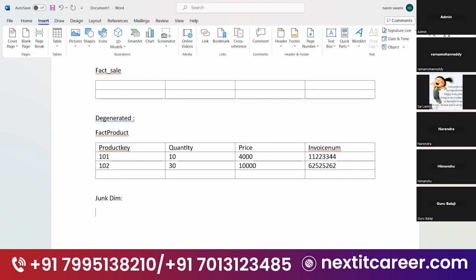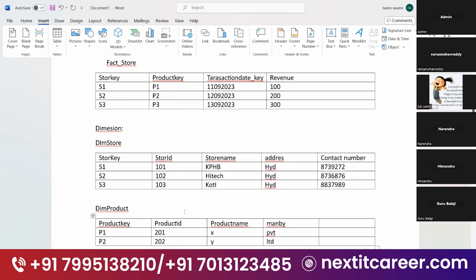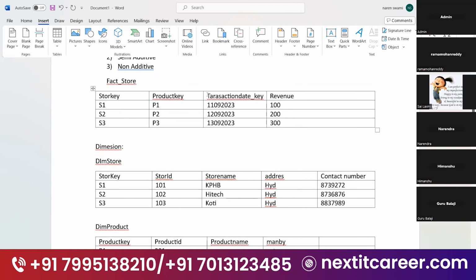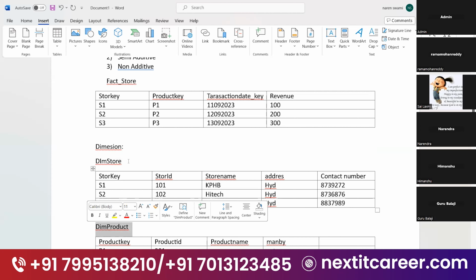Okay, so coming to the junk dimension. Junk dimension is nothing but where we combine two dimensions. As we see, we will have dimension keys in a fact table. For each dimension table, we will have one key, and that key will be available in the fact table. But when you derive something like product and store together from the fact table, you have to join the fact table with dim product and dim store.